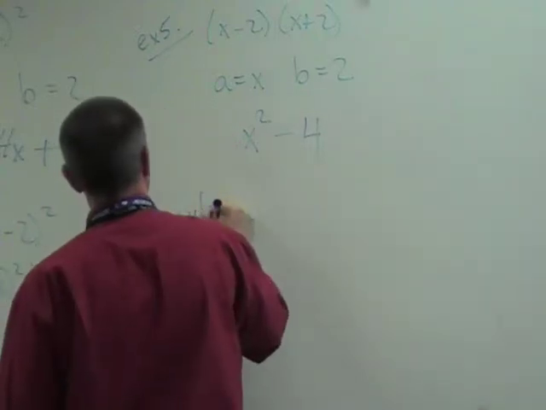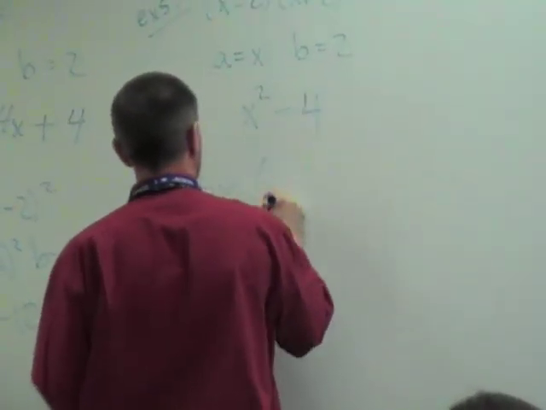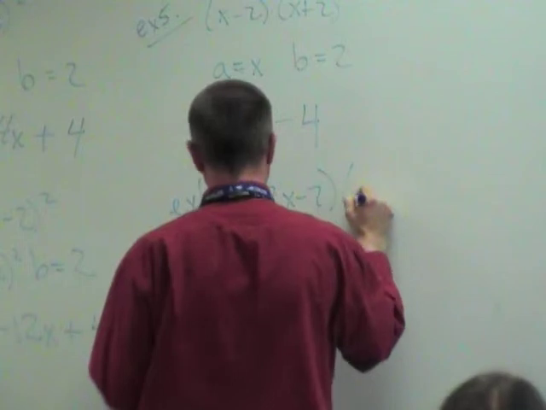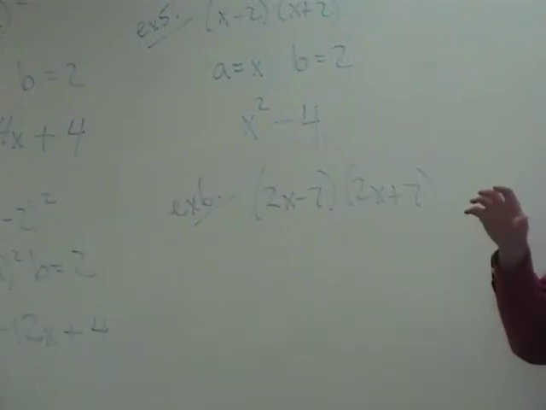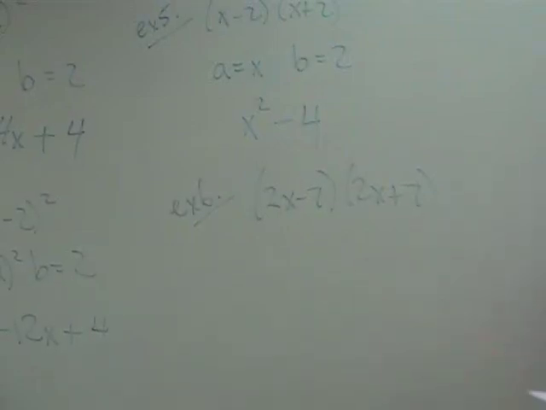Example 6. Everybody do this one. 2x minus 7 and 2x plus 7. What you should notice is the numbers are the same from one parentheses to the other. One's a minus, one's a plus.